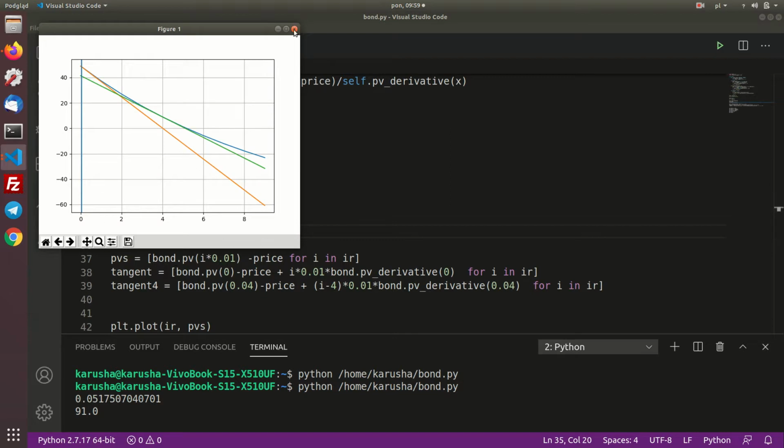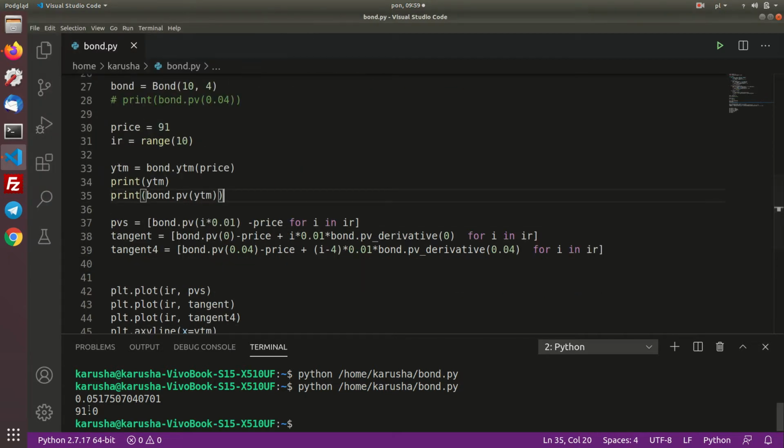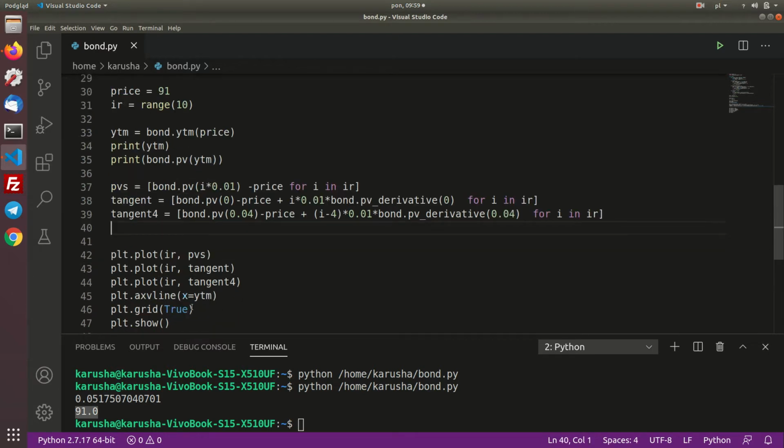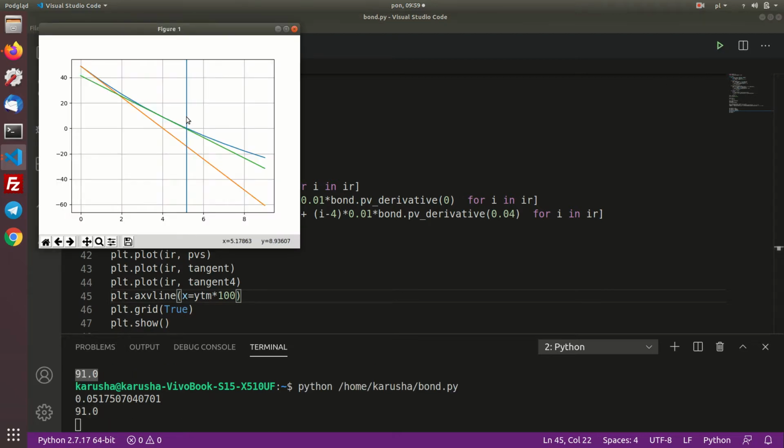Looks like we didn't really get there. Actually, okay, so we get 517.5. The price is fine. It's just that here we need to multiply it by 100 because this is in percentage points. Yeah. So we actually got it right.